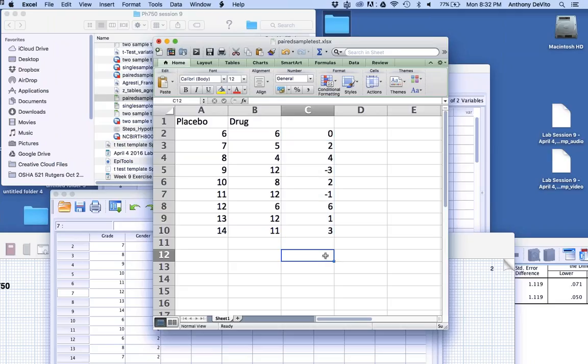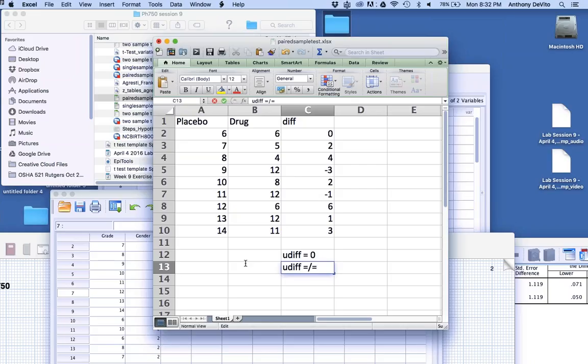So if there's no difference between the effect of the placebo and the effect of the drug, what would we expect the average difference to be? 0. So what's our null hypothesis? Our null hypothesis is that mu of the difference, the mean difference, is equal to 0. What's our alternative hypothesis? Mu difference not equal to 0.